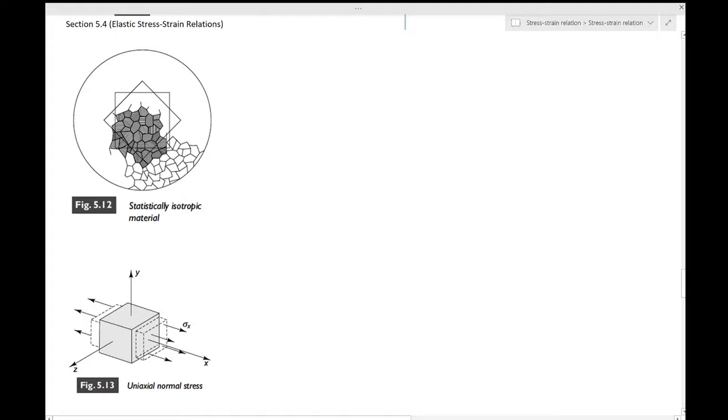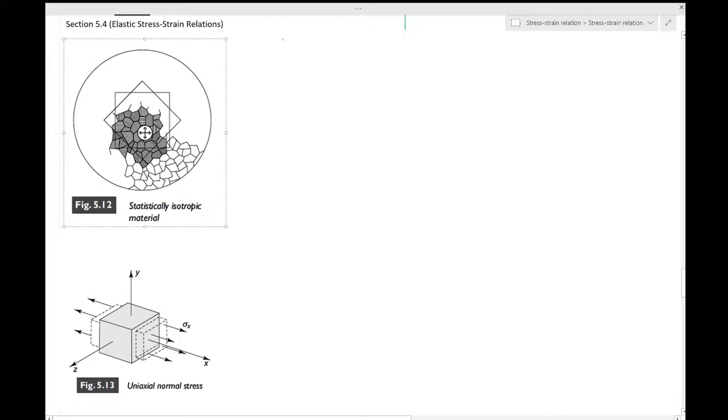I mean, there are 6 components of stress and 6 components of strain. What it would mean is that the components of stress are linearly dependent on the components of strain. So mathematically, this means that every component of stress is linearly related to every other component of strain.